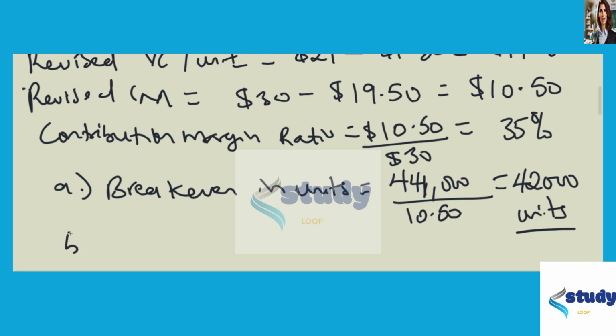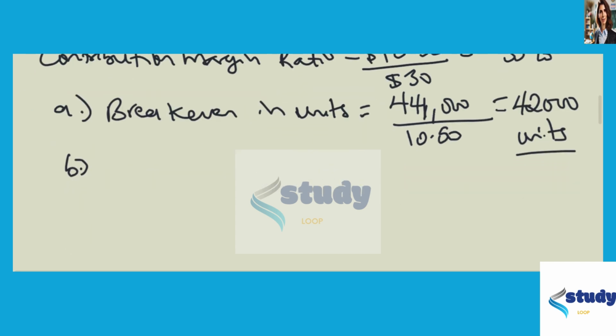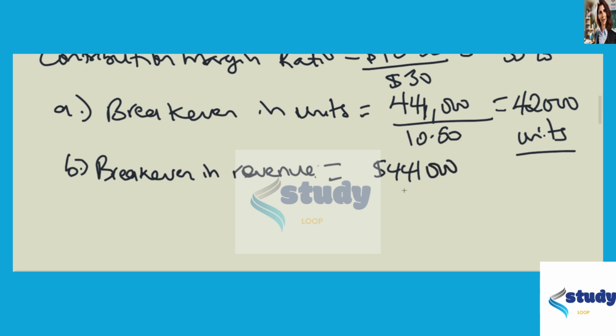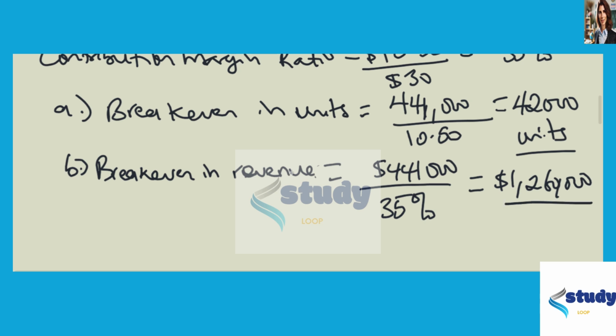Now the break-even point, which is the second part of the question, in revenue, will be 441,000, which is the revised fixed cost, divided by 35%, and this will give you 1,260,000, and it's in dollars.